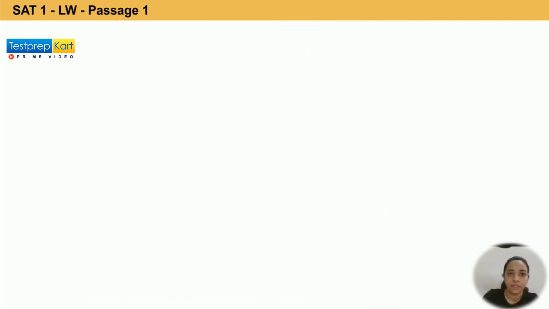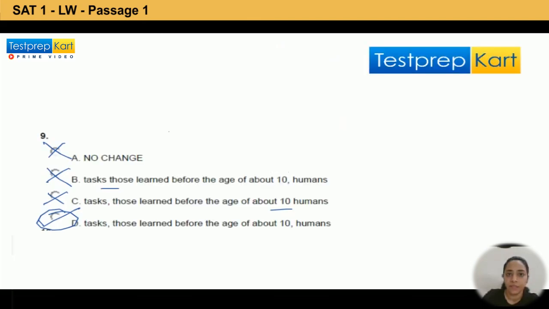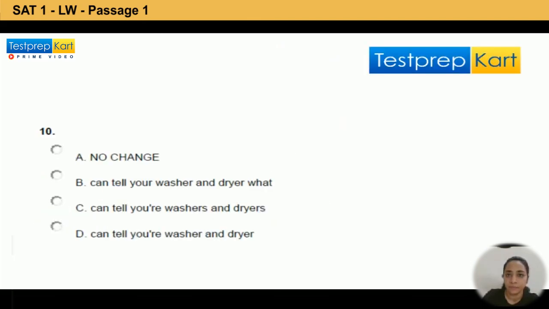So let's look here. So this is question number 10. A goes out because this was giving us apostrophe. Tell your washer and dryer. So parallel also and the correct form, your washer. Tell you are washer, we have already discussed.